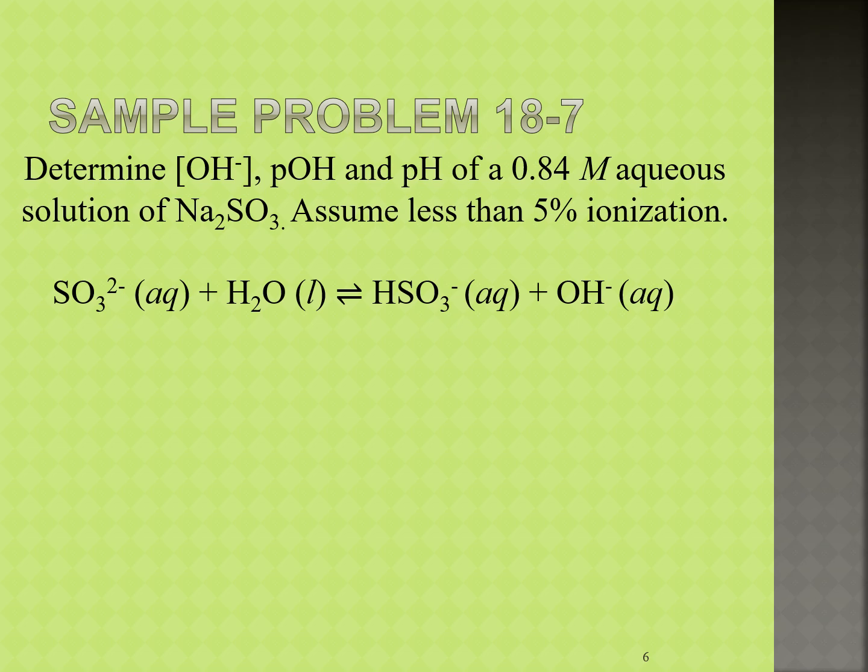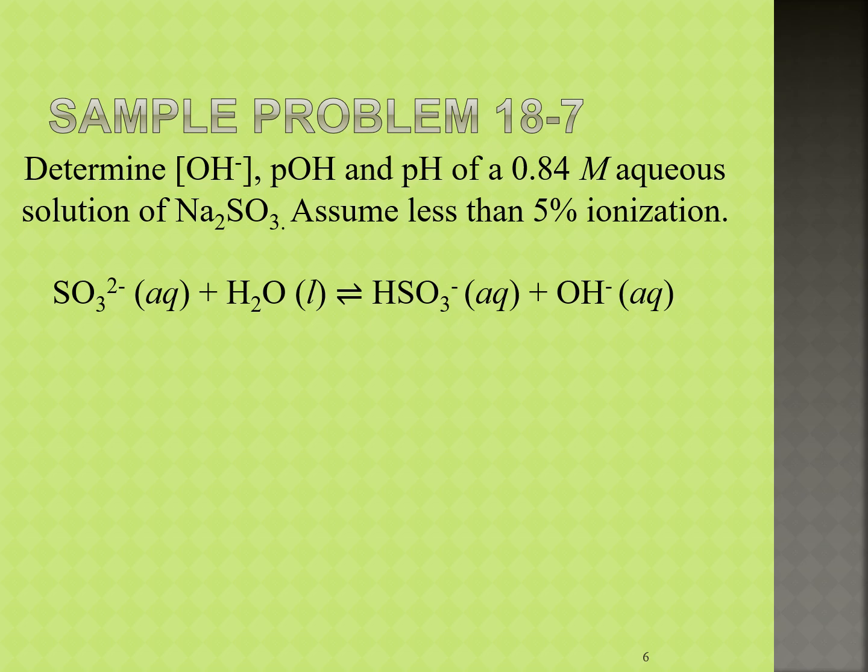All right, let's work sample problem 18-7, where we're going to determine OH, pOH, and pH. We have a 0.84 molar aqueous solution of sodium sulfite, assuming less than 5% ionization. Sorry, sodium sulfite, not sodium sulfate. Notice that the sodiums are going to be spectator ions, so they disappear from our reaction, and we're left with sulfite plus water.